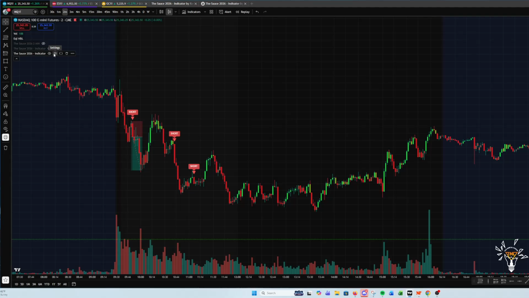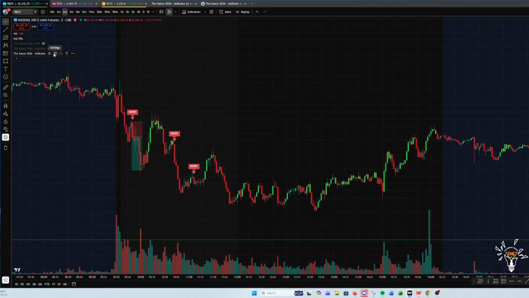There's going to be plenty of days where there aren't signals at all, and that's pretty common. It signals trades about 3 days a week, and one of the best things about this indicator is it's pretty good at staying out of choppy markets.